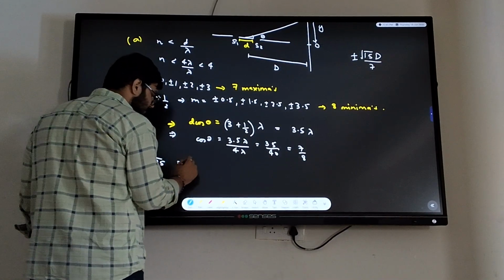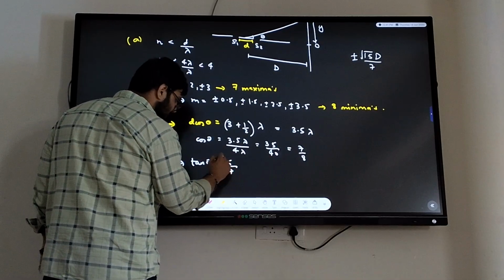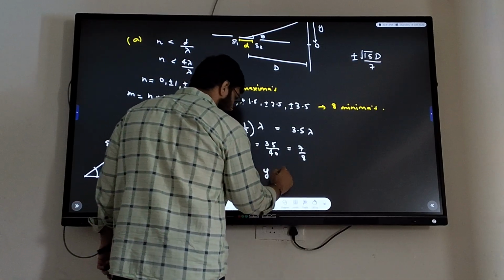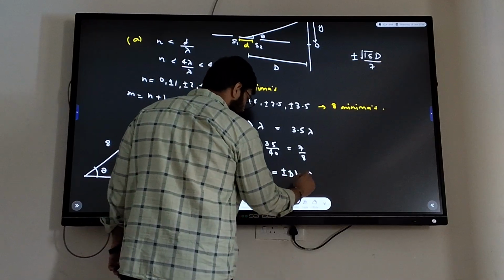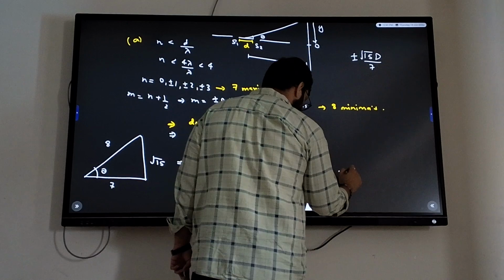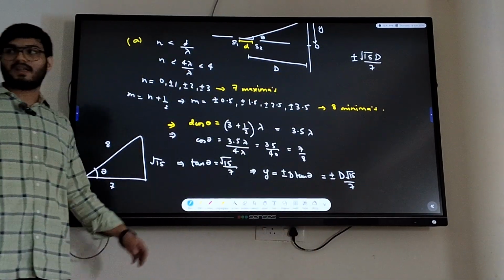Tan theta is equal to √15 by 7, I think. And then y is equal to d tan theta, na? Plus or minus d tan theta, and that will be plus or minus d √15 by 7. And this is the correct answer.